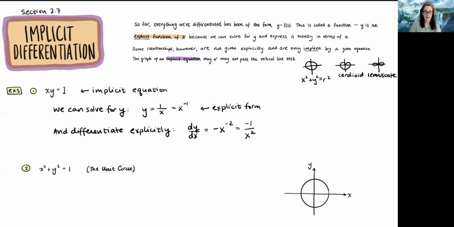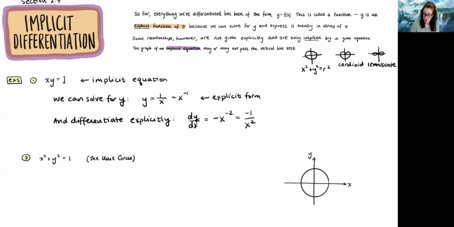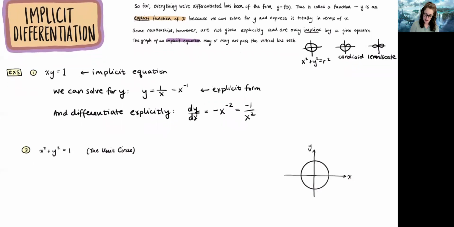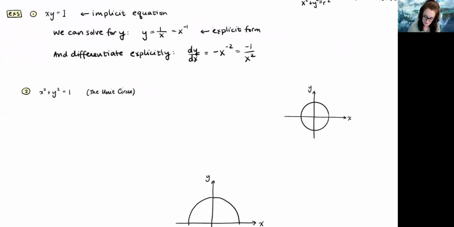As we'll see, things that are implicit will have lots of x's and y's kind of mixed up together. The first kind of simple equation that doesn't give rise to an explicit function would be something like a circle. So let's just look at the unit circle. Here's a nice one that I had my iPad help me make a perfect circle.